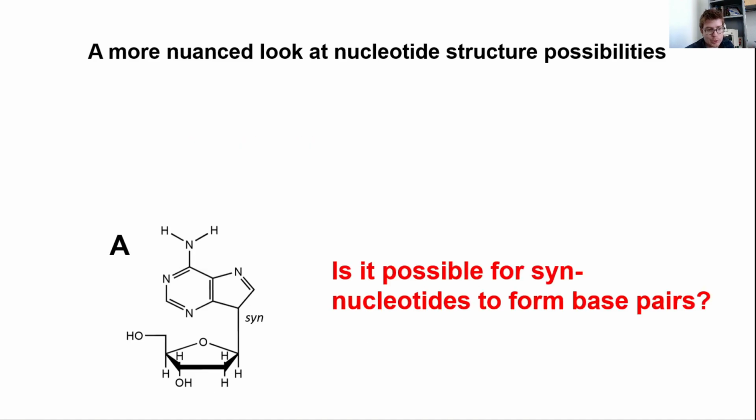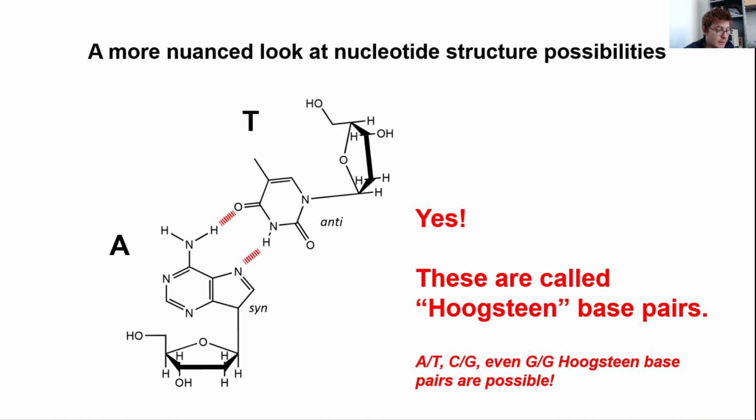Is it possible for a syn nucleotide to form base pairs? Well, the answer is yes, assuming we allow for some funky geometries here. And indeed, you can see that if we place a thymine in this configuration here, you're able to again create a base pairing interaction between the amine here and the carbonyl, as well as a base pairing interaction between the lone pair of this nitrogen and the NH in the thymine.